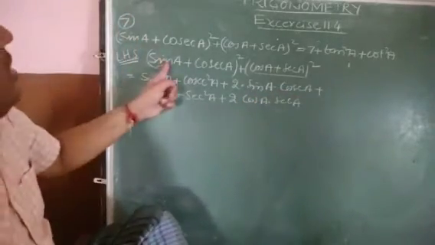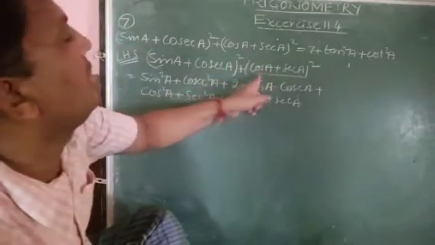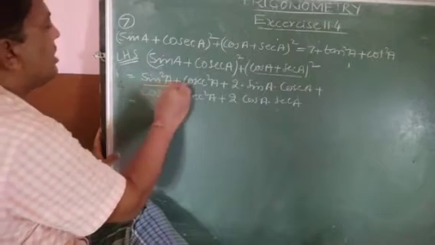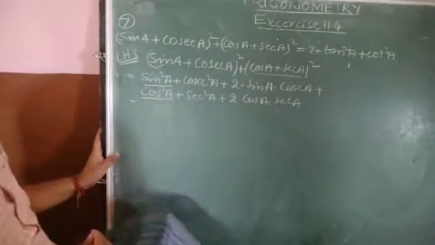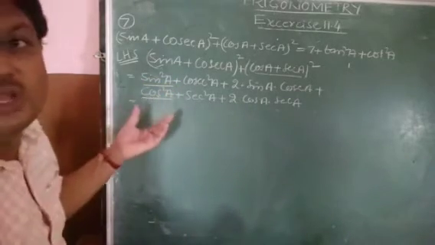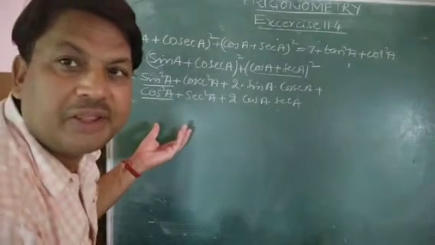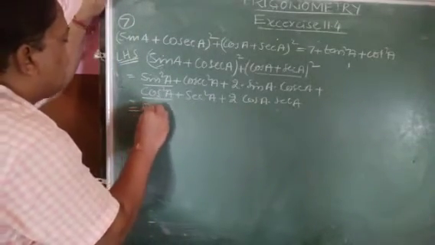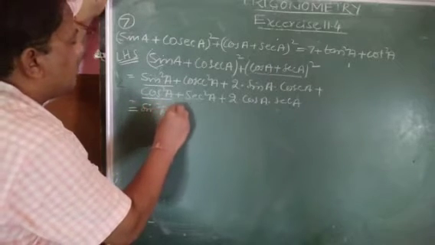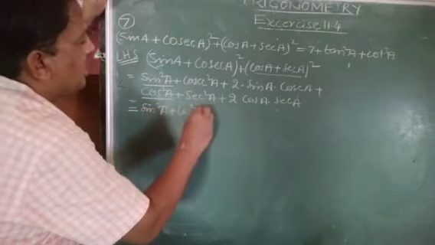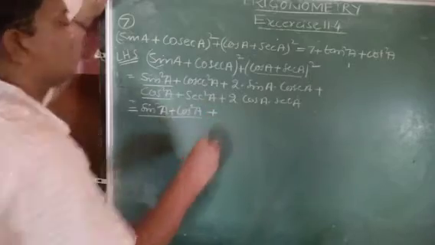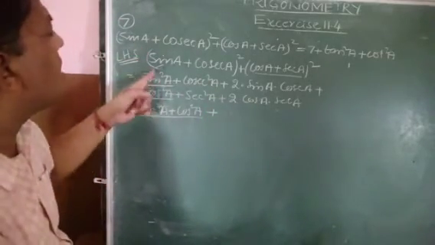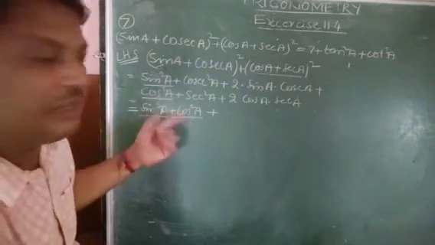See children, this is a, b, first line, a, b, second line, right children? Now here sin square A plus cos square A, I can write together so that the trigonometric identity can be implemented. It doesn't matter whether you write separately or together, but I wrote together for your convenience.